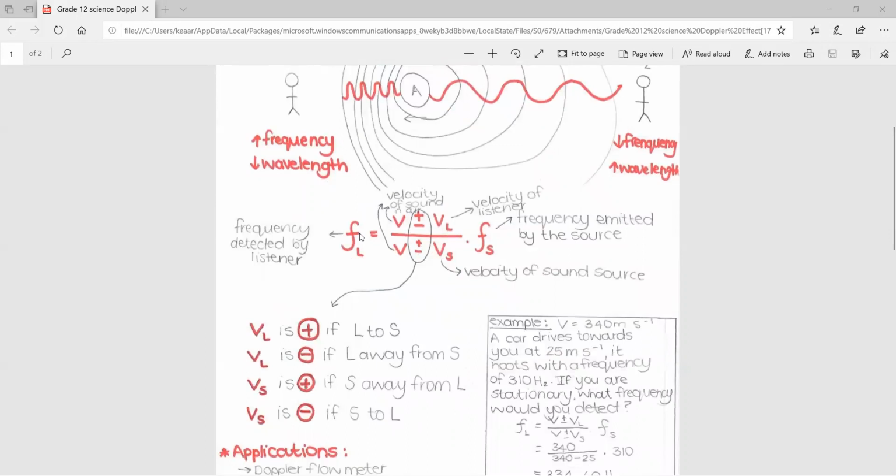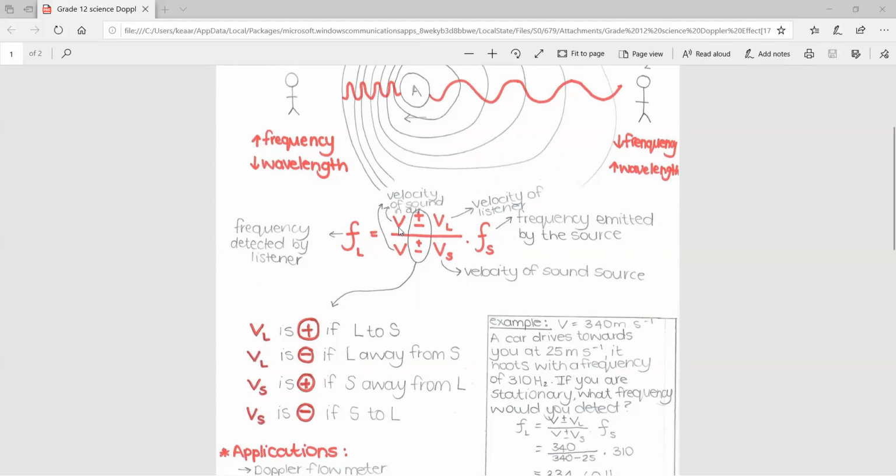This is a formula that can be used to calculate any of these numbers. So it starts off with the frequency detected by the listener is equal to V, standing for the velocity of sound in air, which is generally 340 meters per second.